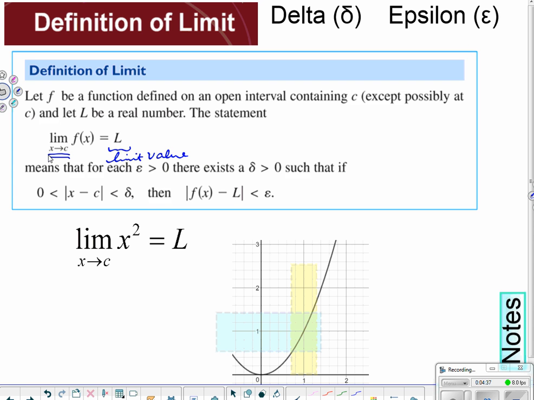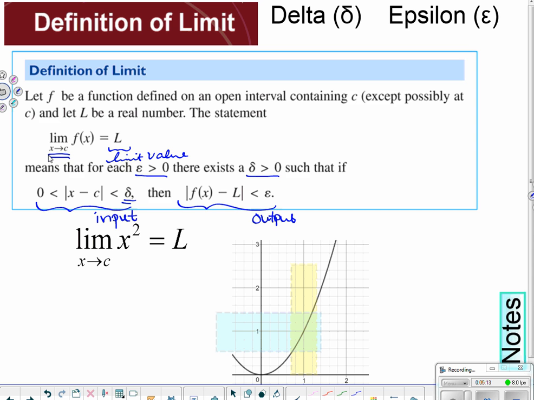And that means that for every epsilon greater than 0, there exists some delta greater than 0, such that if the absolute value of x minus c is greater than 0 but less than delta, then the absolute value of the function minus the limit is less than epsilon. This is talking about our output numbers. And then this is selecting an input x value that is delta away from c.